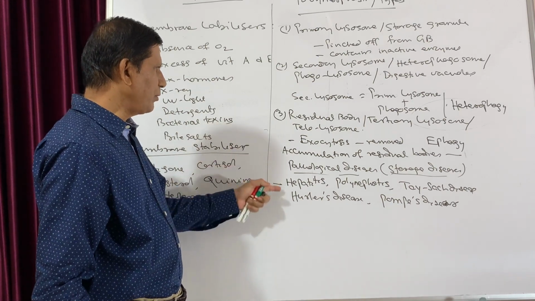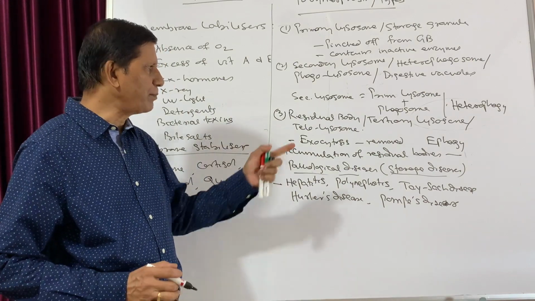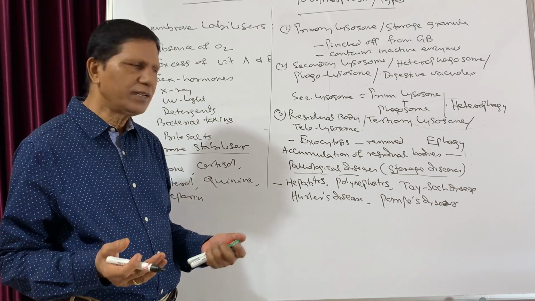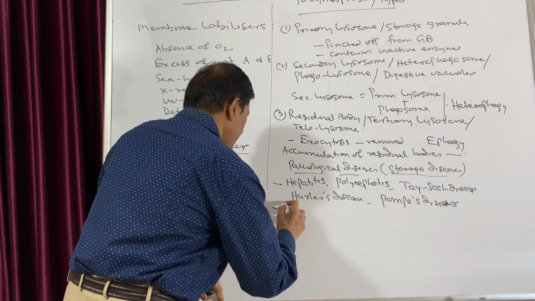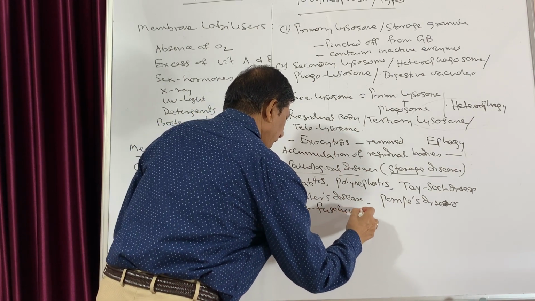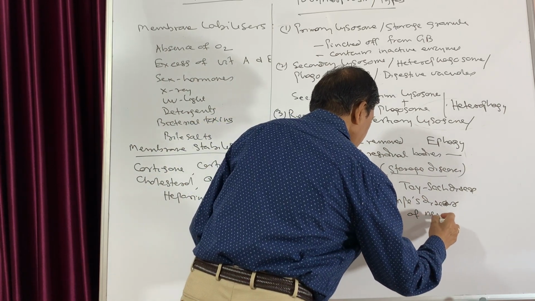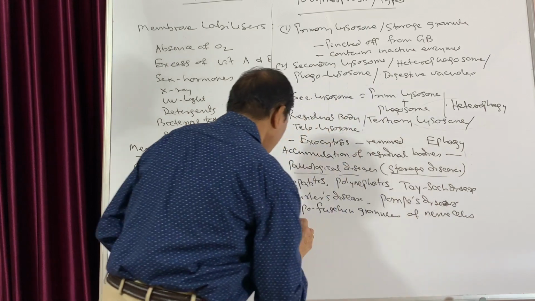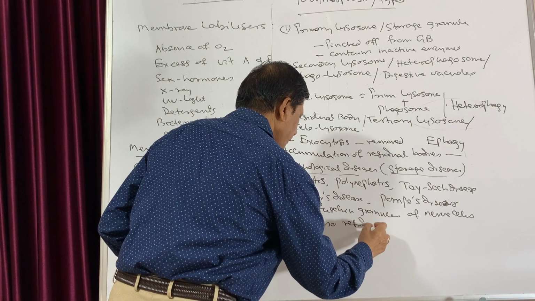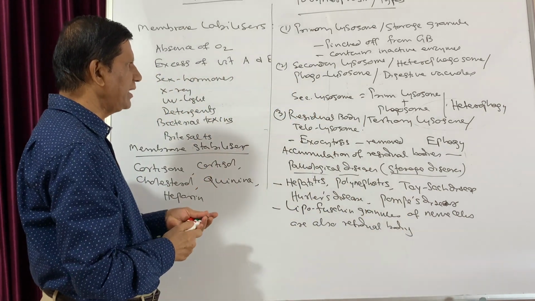Again, due to accumulation of residual bodies, it also gives rise to the lipoprotein granules of nerve cells. The lipoprotein granules of nerve cells are nothing but residual bodies. So this is about the third one, the residual body.